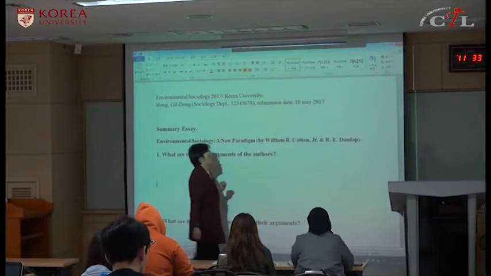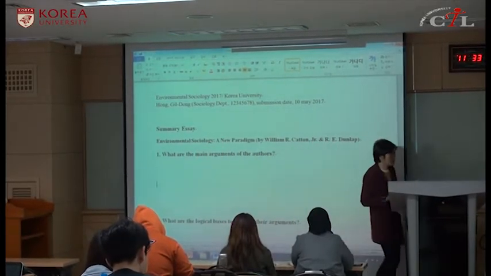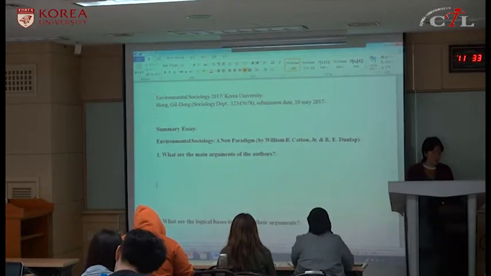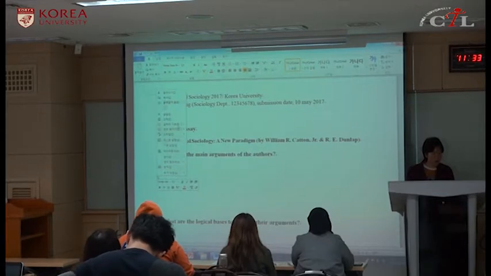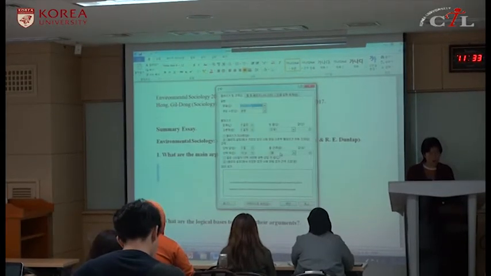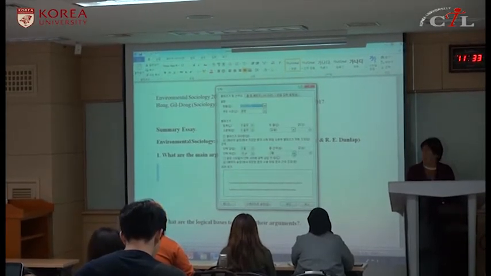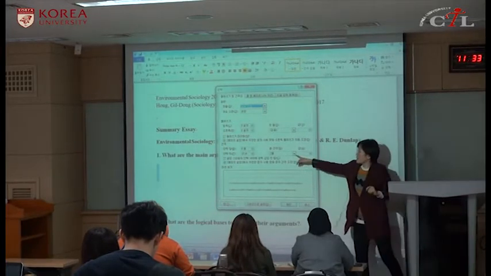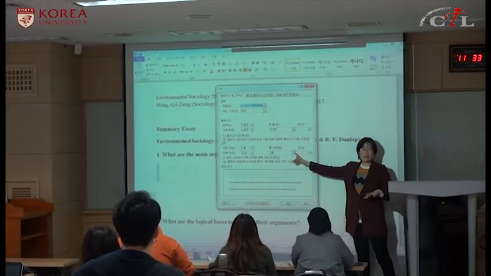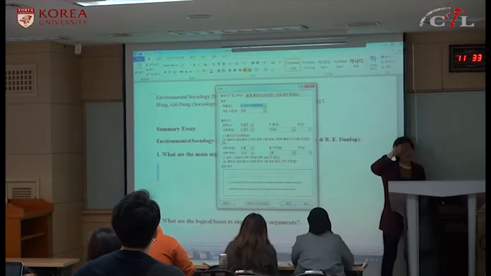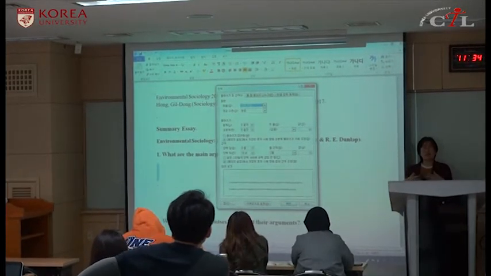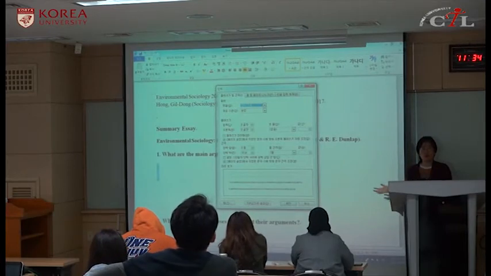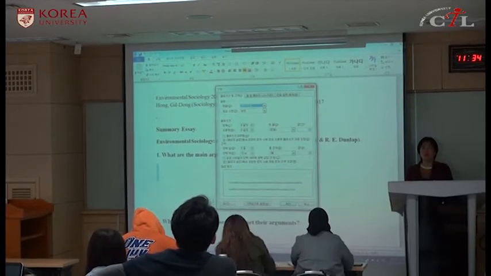So I'll show you. This is already double spaced. If you go to paragraph, you see, in Korean it's 두 줄, so it makes it double spaced. If the text is double spaced, it's much easier for a reader to follow the content.